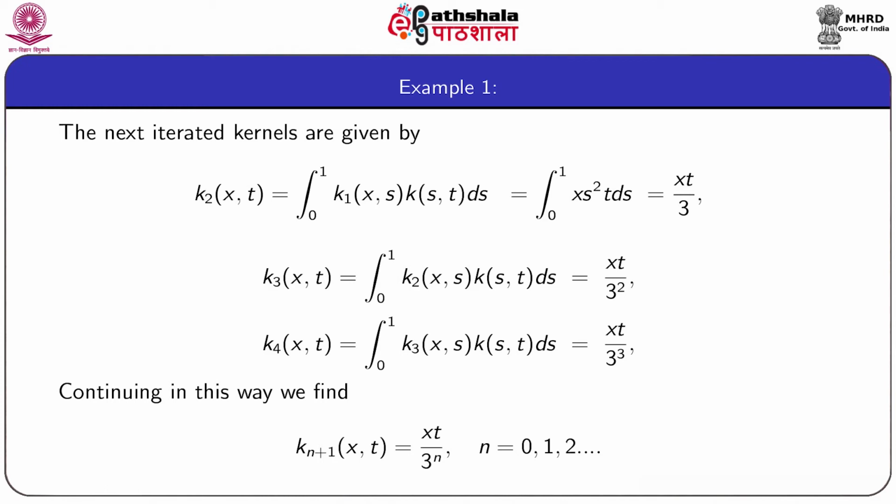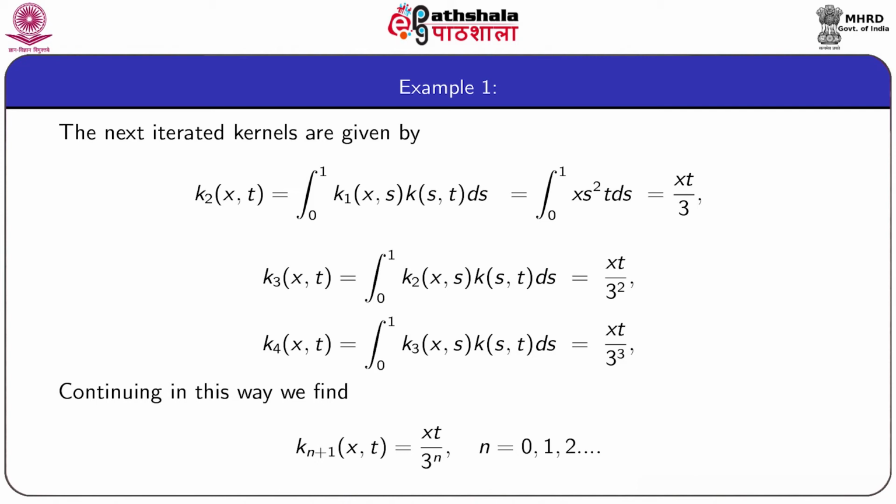The next iterated kernel k2 xt is equal to integral 0 to 1 k1 xs into kst ds. Substituting the values of k1 xs and kst in the integral, we obtain the value of k2 xt after simplification as x into t divided by 3.